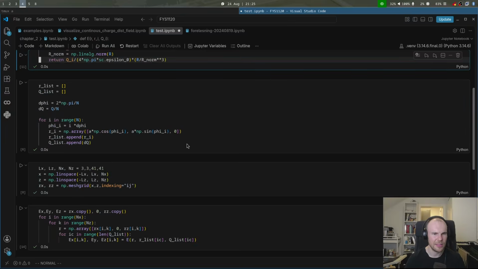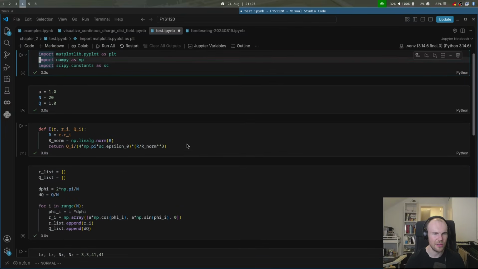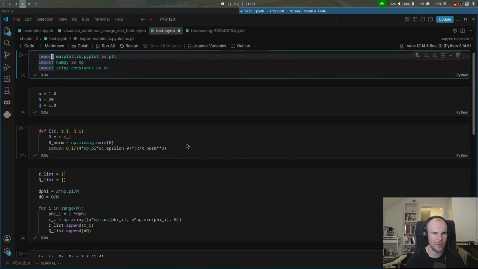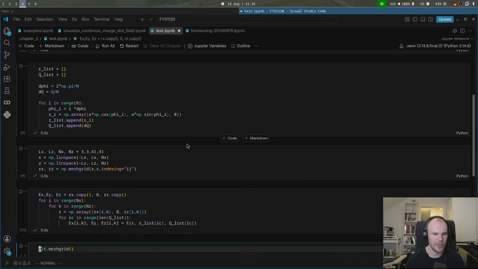Where haven't I? What is happening? Where is mesh grid? As plt, are you so slow? plt, should that be correct? It's numpy.meshgrid, plt.meshgrid x, y, and of course, no, not x, rx, rz, then ex, ez.